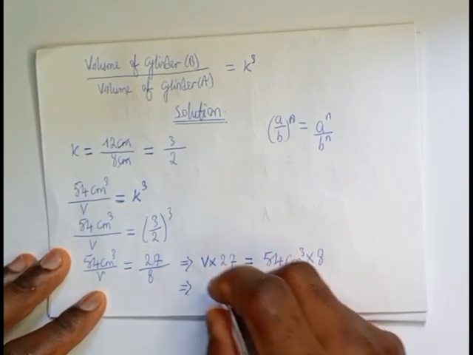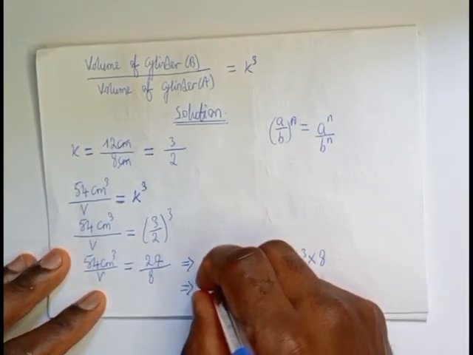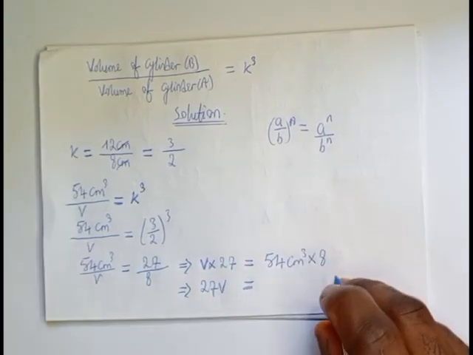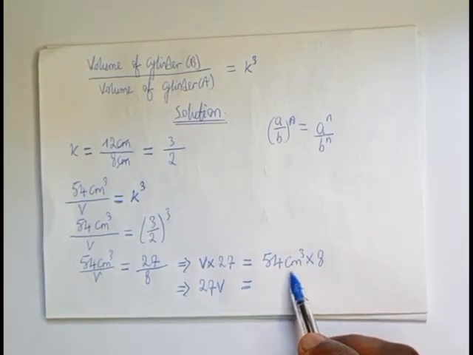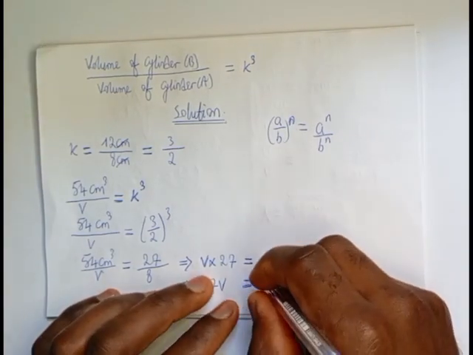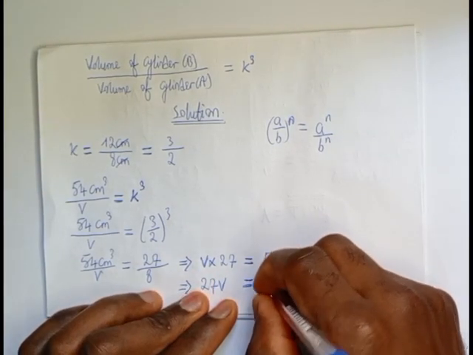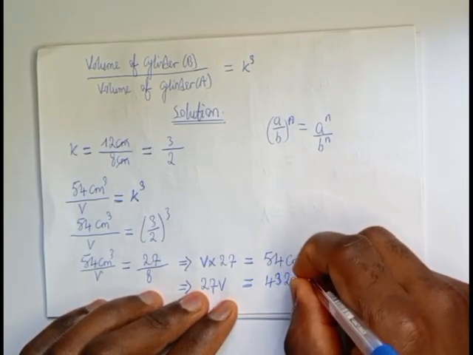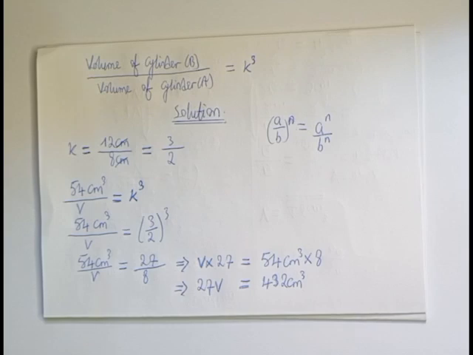Then V times 27 gives us 27V to be equal to 54 centimeters cube times 8, which is equal to 432 cm cube. Next, for us to get the value of V, we are going to divide both sides by 27.